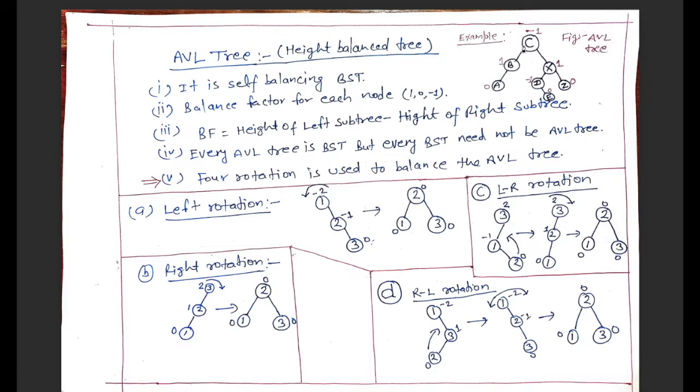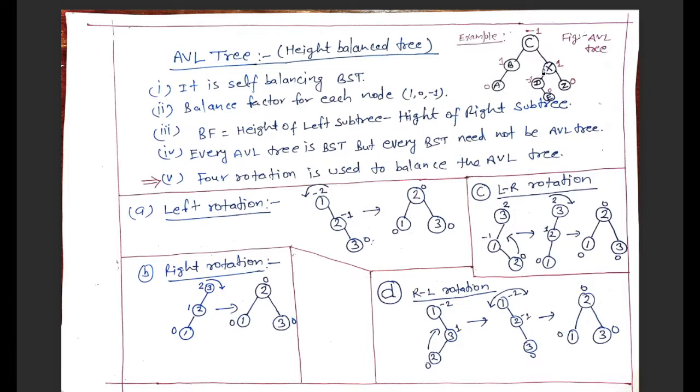Height of the left subtree has only two edges. So this is 2 minus 3. Again I am telling you, for the left subtree the height is 2, because there are only two edges and this is the only longest path. And for the right subtree, this longest path you have to select, because the longest path is always selected.